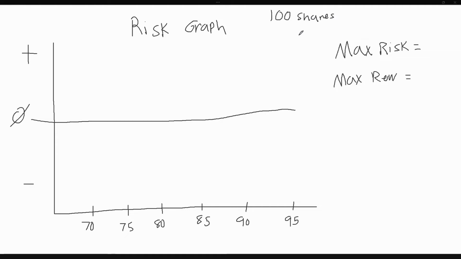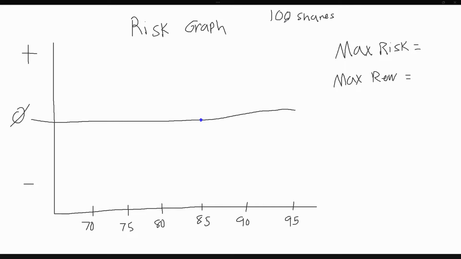If I buy 100 shares of a stock at $85 per share, then 85 becomes my break even. So at 85, there will be a dot on the zero line. I'm not making anything, I'm not losing anything right there at 85, right?